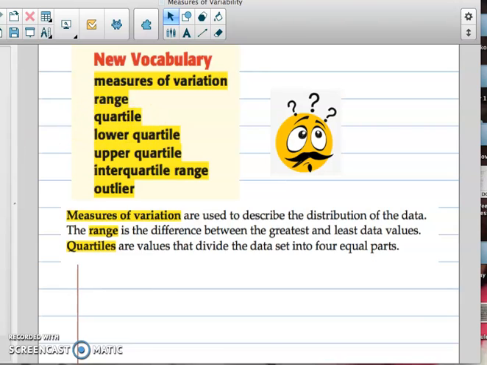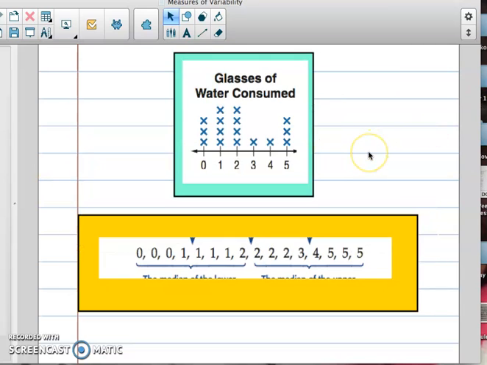Okay? So for example, we have glasses of water consumed. So this is a kind of graph that we're going to use later on, and it's called a dot plot. So we tally, or we mark how many glasses of water were consumed here. Remember the survey that I gave you? You're going to be using that data that you have to apply this.